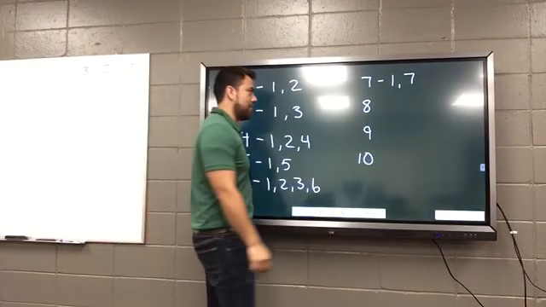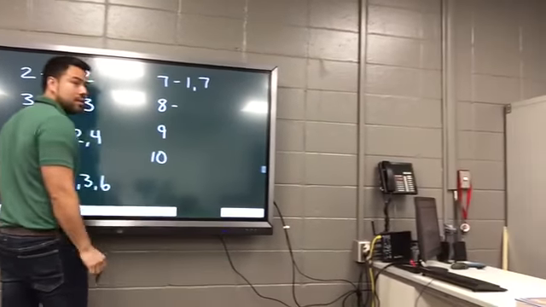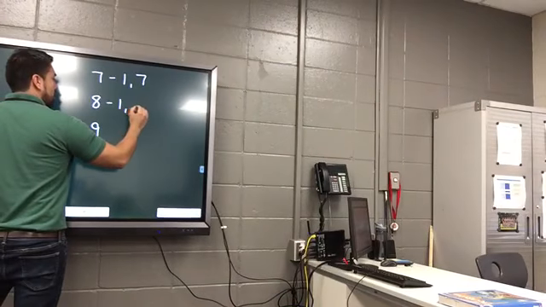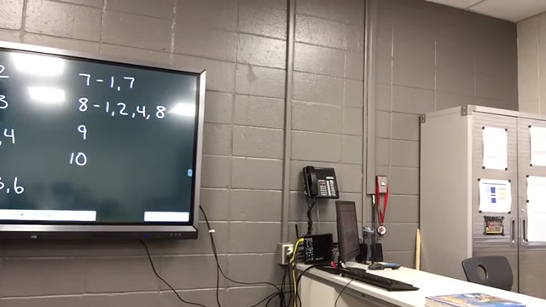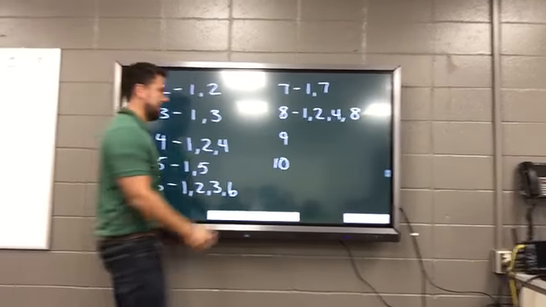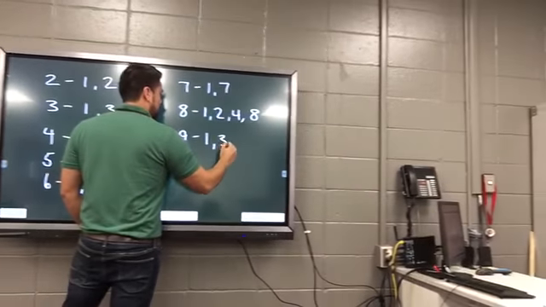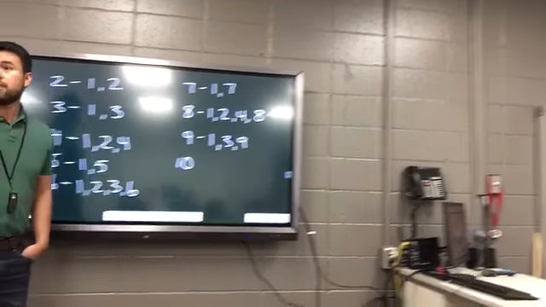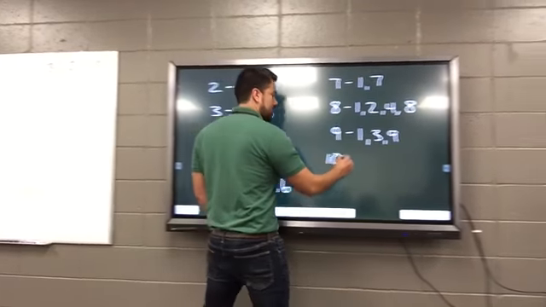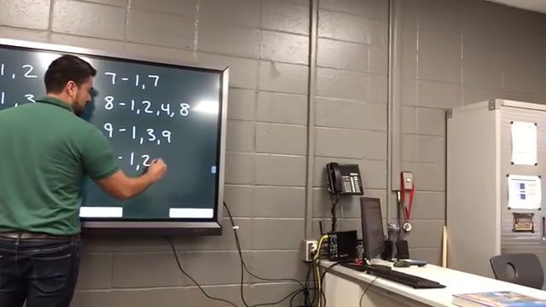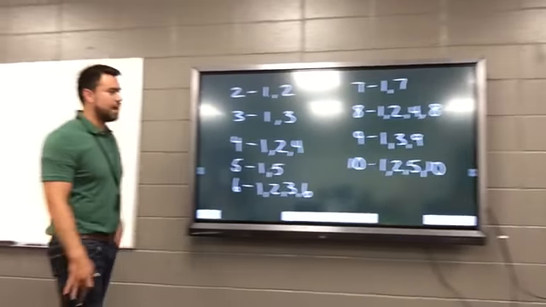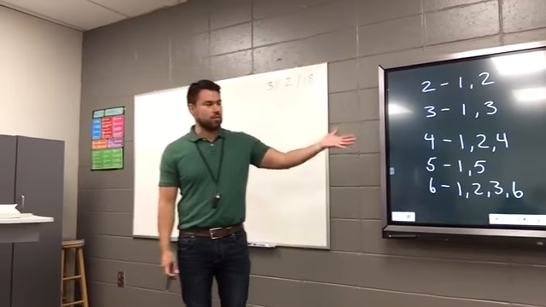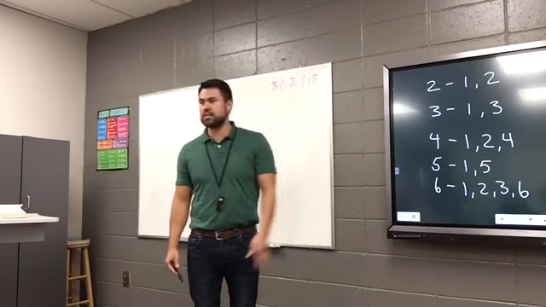Lily M, of 8. 1, 8, 2, 4. Good. Jackson, of 9. 1, 3, and 9. Rosalind, of 10. 1, 3, 5. Okay, so if you're able to do that, you should be on a good path for these questions. Like, what are the factors of 10? You just list them out.